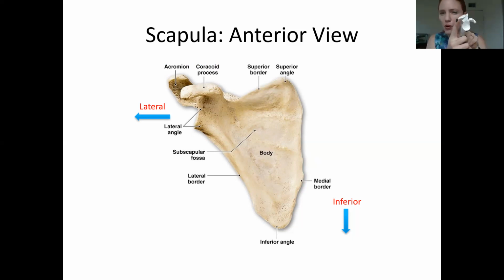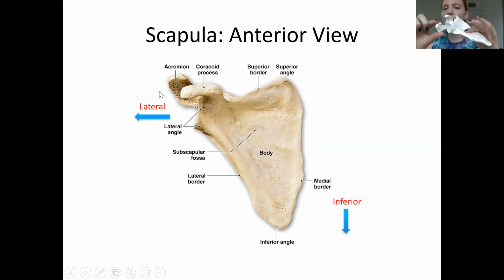We have the acromion. The acromion is the one that is broader, and on the back, the posterior. So this right here is the acromion. Remember that the acromion is the one that's going to articulate with the clavicle to create your acromioclavicular joint, which is the tall point of your shoulder.